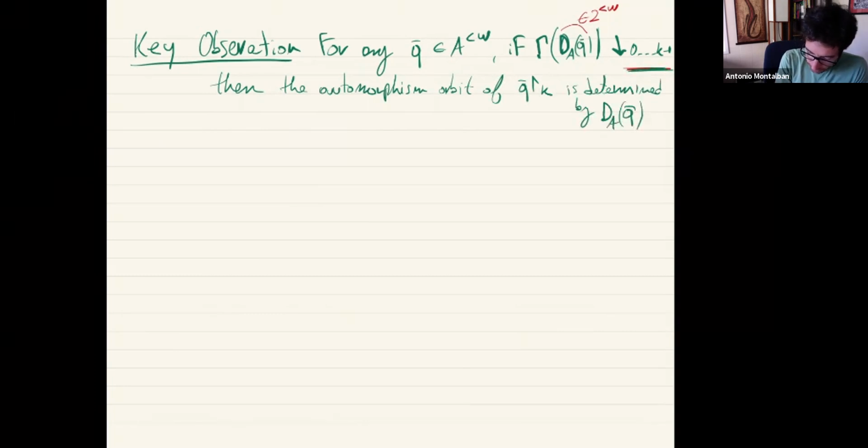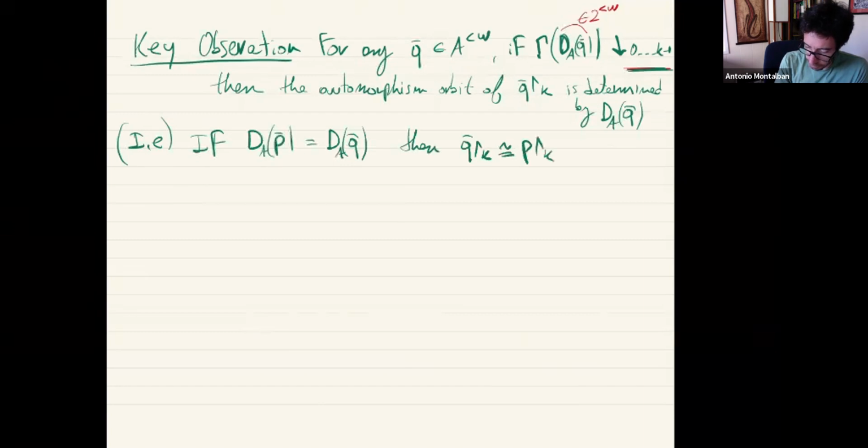What do I mean by determined? I mean, if you have another tuple P and the diagram of P in A equals the diagram of Q in A, so if you have two tuples like this, then Q up to K is automorphic to P up to K. That's what I mean by saying that the automorphism orbit of this tuple is determined by this finite binary string.